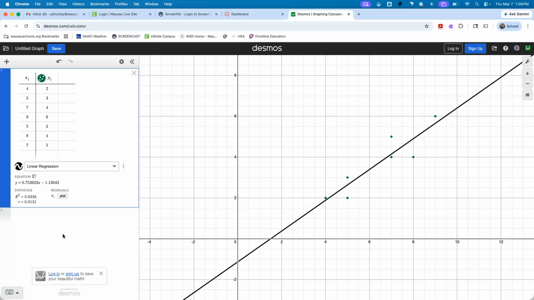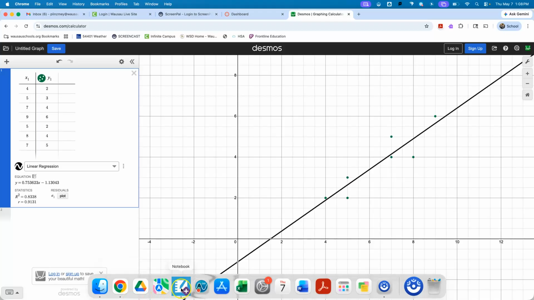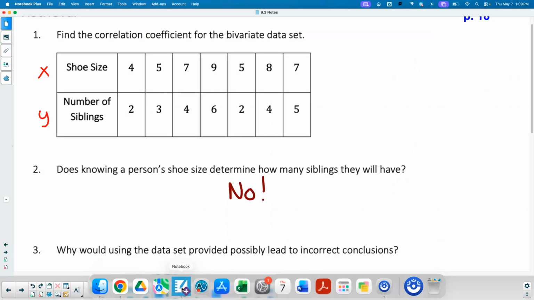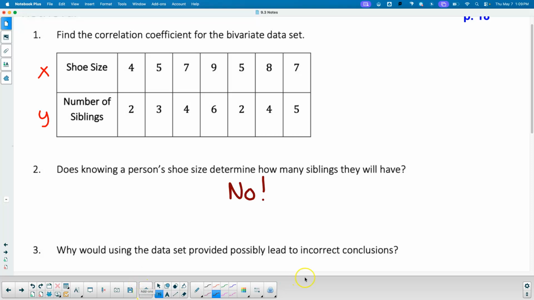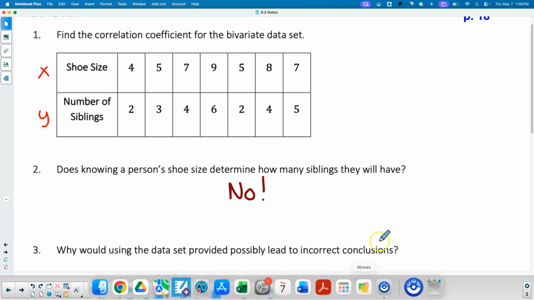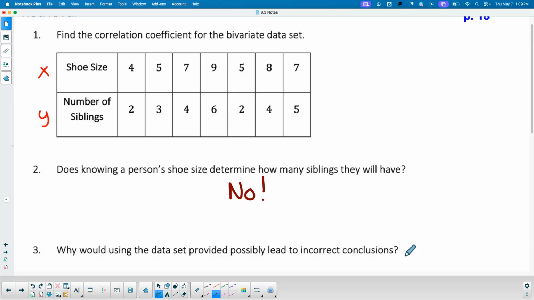That leads into the next question: why would using the data set provided possibly lead to incorrect conclusions? Well, they're related to the problem, but they're not related at all in real life. Totally not related. So what conclusion are we really drawing?